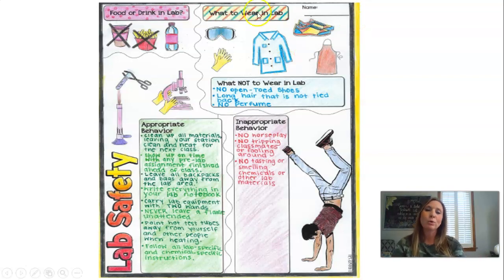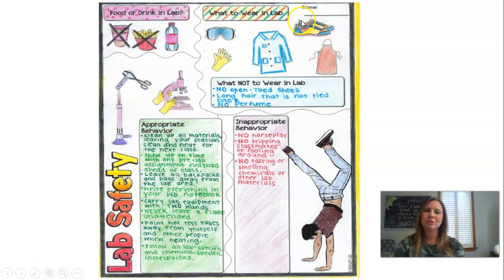So, what to wear in a lab. You can see there are quite a few appropriate things, and a lot of this is for a chemistry class where you'll be using different types of chemicals. The ones that I will probably ask you to put on the most are the goggles. I will ask you to put on gloves with some of the specimens that we will pass around, but I do not need you to go out and purchase a lab coat or an apron.